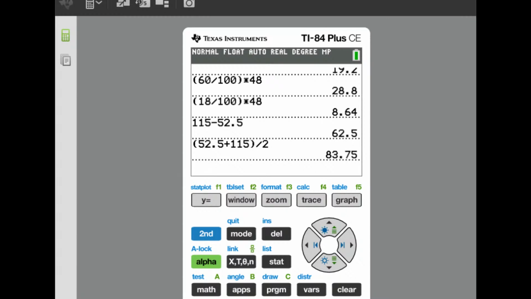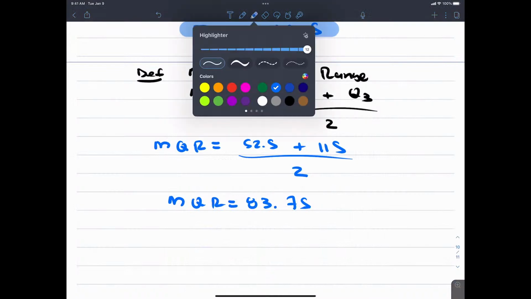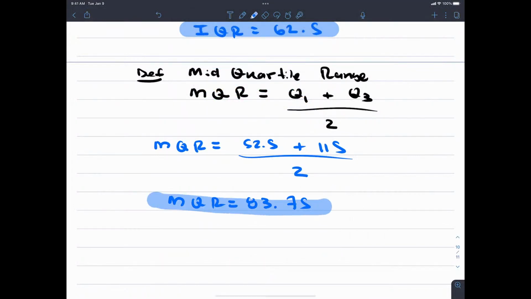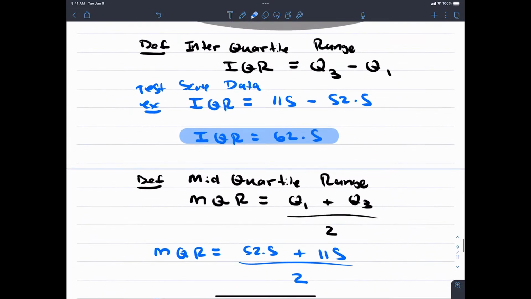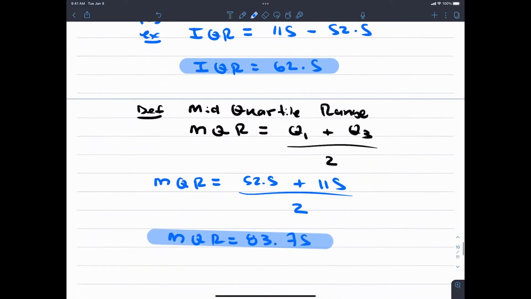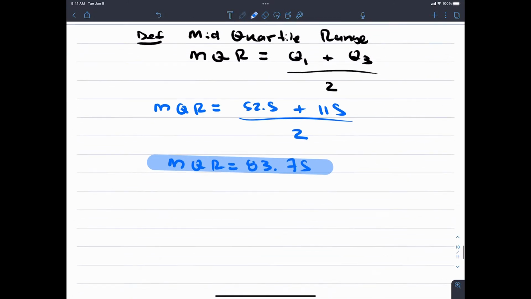Don't approximate it. It's 83.75 here. So the interquartile range and the mid-quartile range are used to help describe the distribution. We'll see that later.